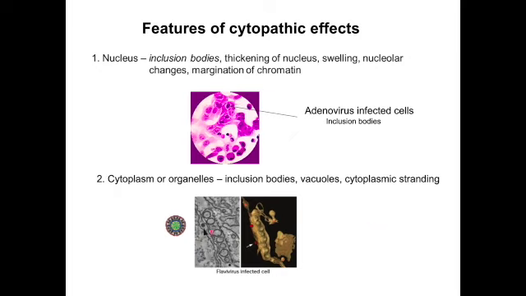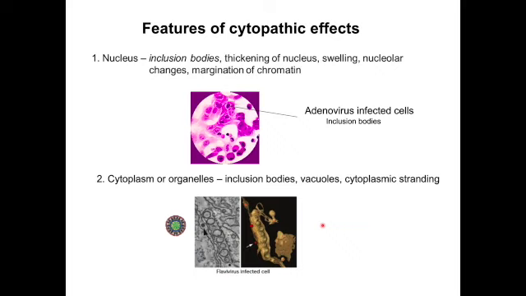Here we're looking at an electron micrograph of a cross-section through the endoplasmic reticulum of a cell that's been infected with dengue virus, which is a flavivirus. And the arrow is pointing to these inclusion bodies here, which are basically little viral replication factories. So those are full of viral proteins and viral genomes that are starting to assemble, and then they're going to move through the ER and Golgi before they're released at the cell surface.